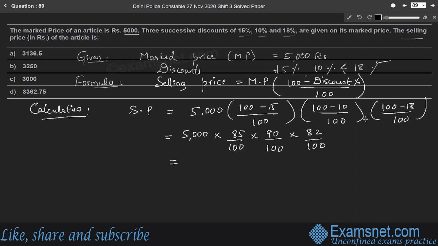Right? So after simplification, here we can cancel the 3 zeros with 3 zeros. So you will get 3,136.5 rupees. Therefore, the selling price of the article is 3,136.5, which is option A.